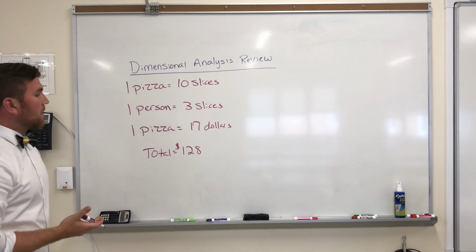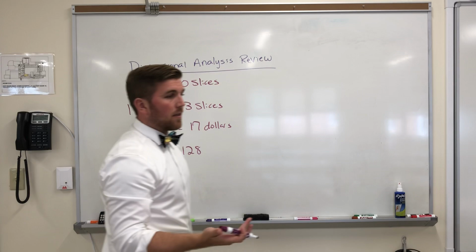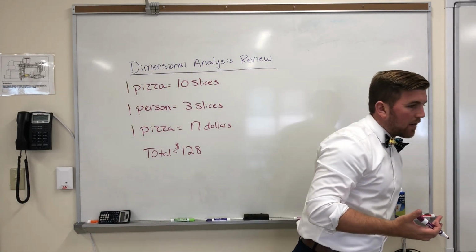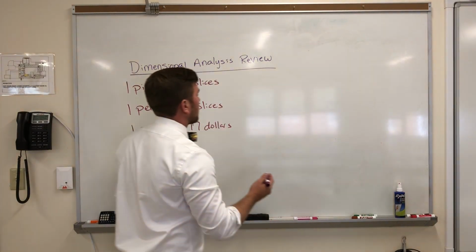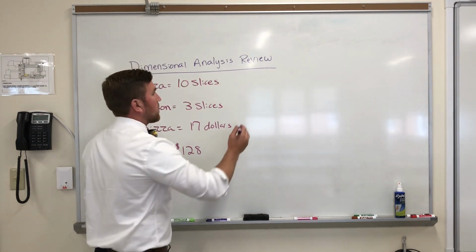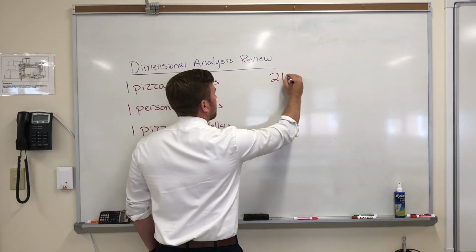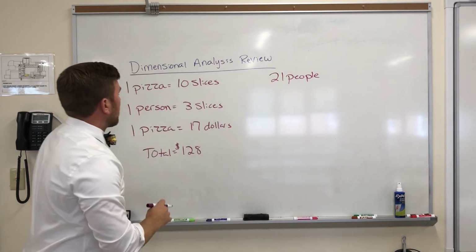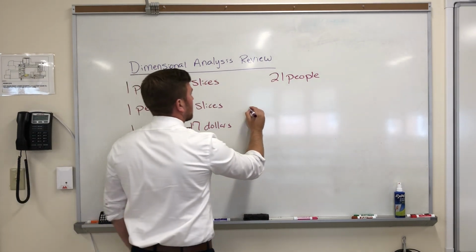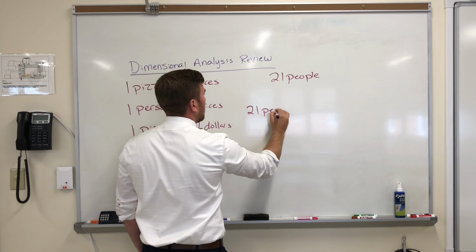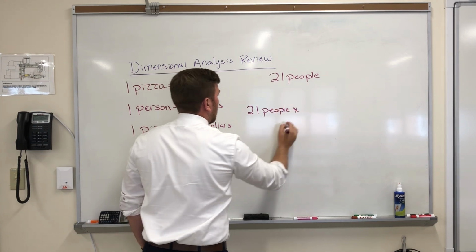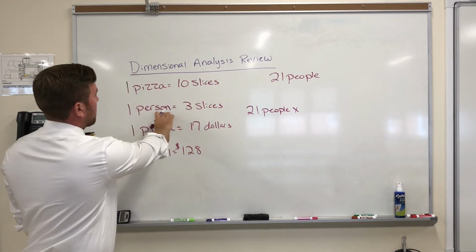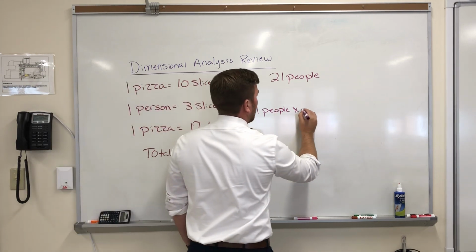So the first thing I need to figure out is how many slices am I going to need? In this case, we've invited 20 of my closest friends. Presumably you would like to eat as well, so there are 21 people at this party. Those 21 people are each going to eat 3 slices. So 21 people, and we can convert each person as 3 slices.